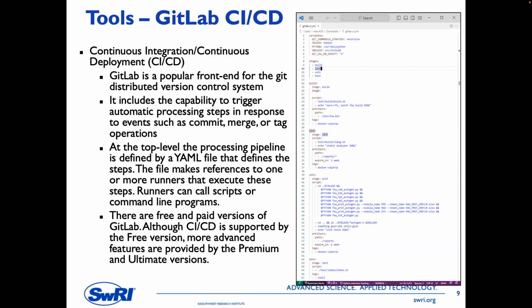And this links up with Git, your Git repository, so that activities can be triggered by events in the configuration management process. They can be triggered by a commit, a merge, or a tag, for example. And there are free and paid versions of GitLab. The free version does support CI/CD options, but there are also some advanced features in the paid versions.